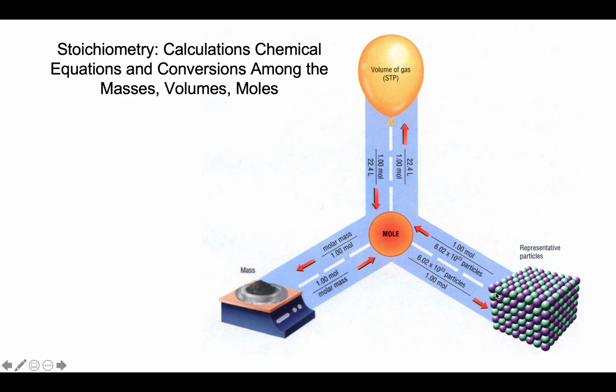If we want to know about individual particles, then we use Avogadro's number, because there's that huge number, 6.02 times 10 to the 23rd, number of those particles, whatever we're talking about, whether it's iron, ferric oxide particles, or oxygen molecules, or water molecules, whatever, there's always going to be this number, Avogadro's number, in 1 mole.